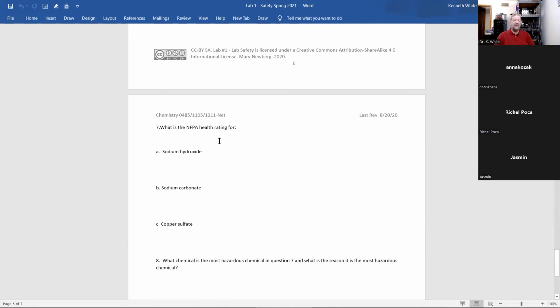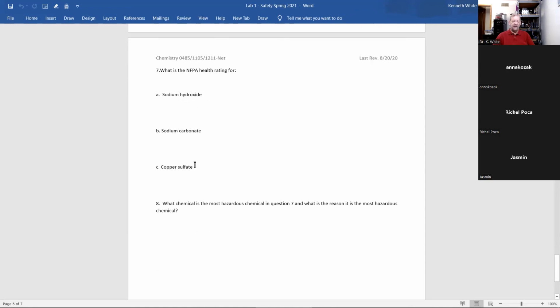Now, finally, for these chemicals, look very carefully. I'm asking what is the NFPA health rating for sodium hydroxide, sodium carbonate, and copper sulfate. And you do that like I did. You look at the MSDS and scroll up and down and find NFPA.